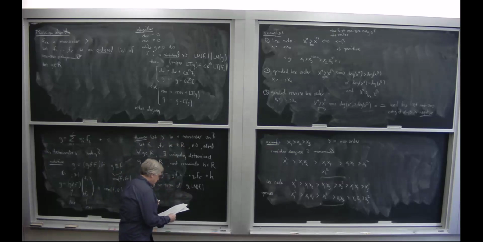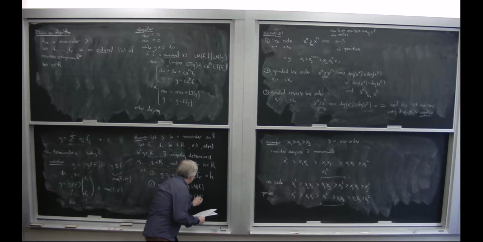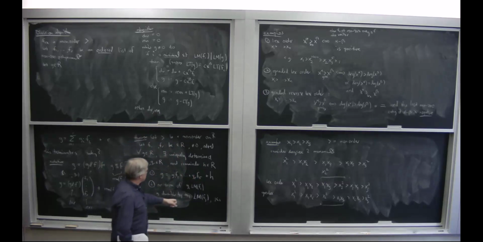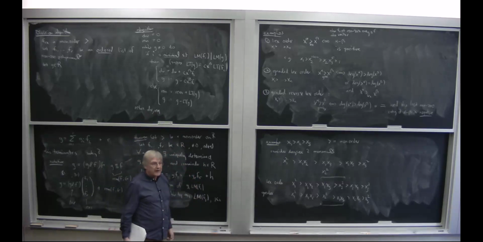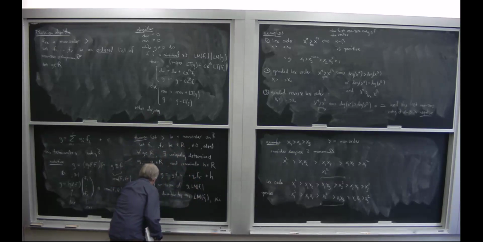No term of this is divisible by any lead monomial of Fj for j less than I. That's this minimal thing that's going on there. So because I'm choosing the smallest one that divides it, none of these smaller ones could possibly divide that term, okay?